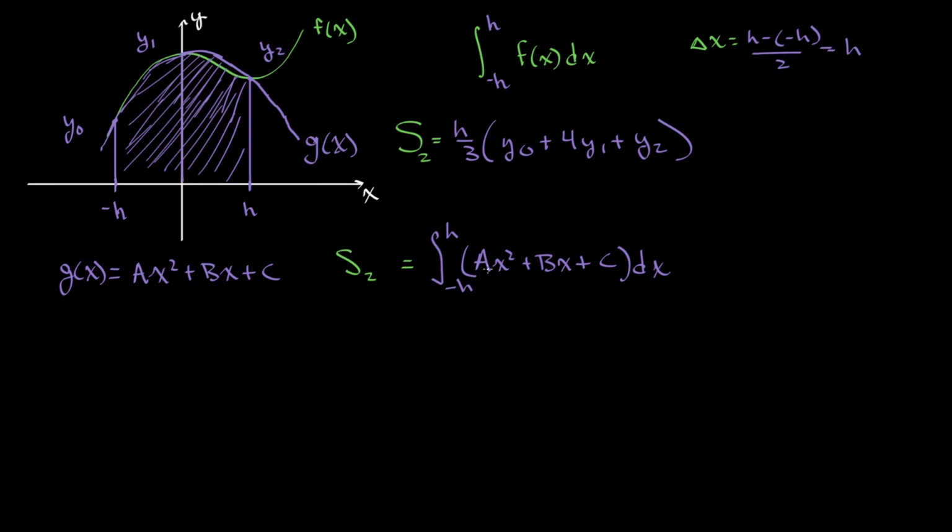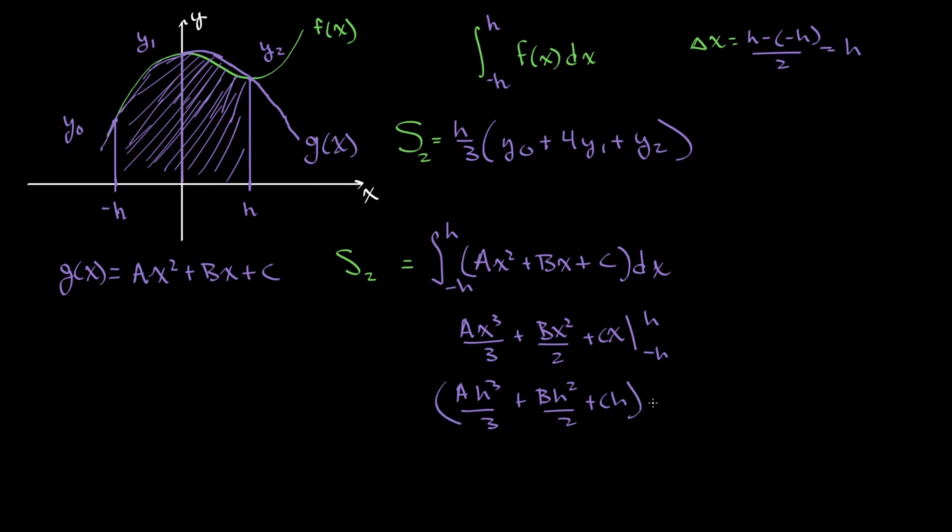All right, let's anti-differentiate and evaluate. So we're going to have ax cubed over 3, and then plus bx squared over 2, and then plus cx. And we're going to evaluate this at negative h and h. So we get a h cubed over 3, and then we have plus b times h squared over 2 plus ch, and then we're subtracting.